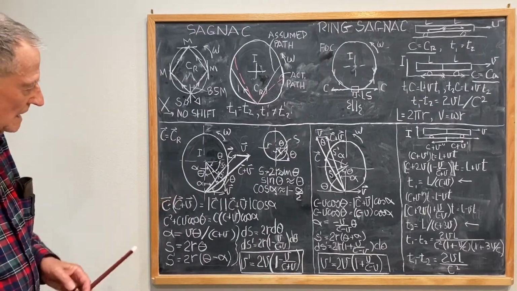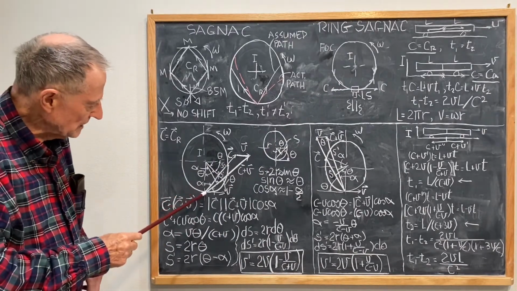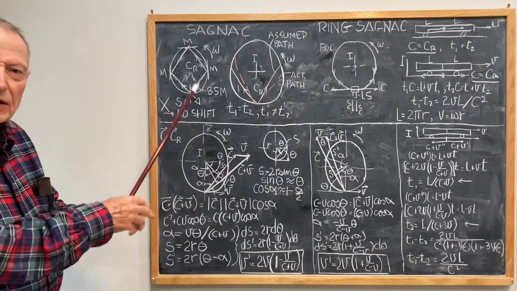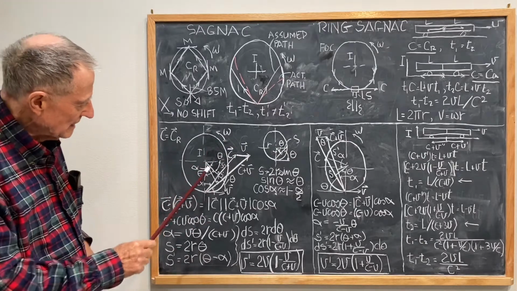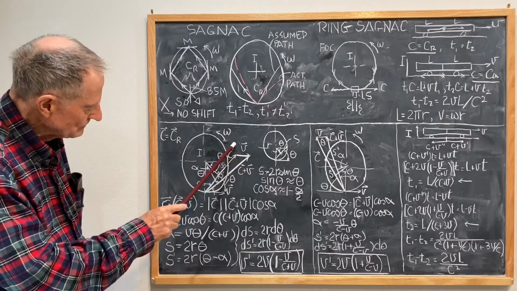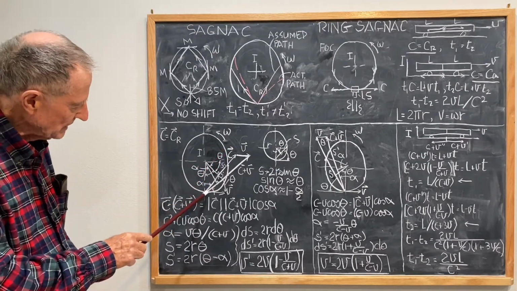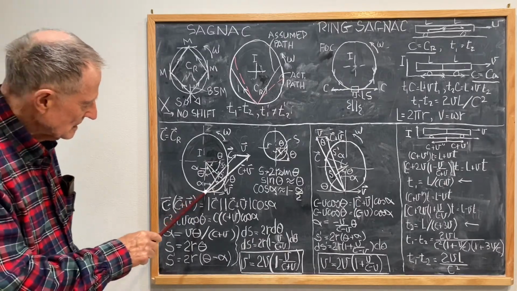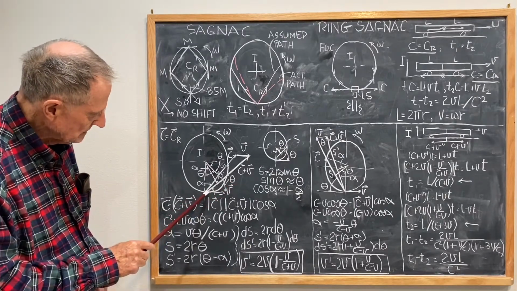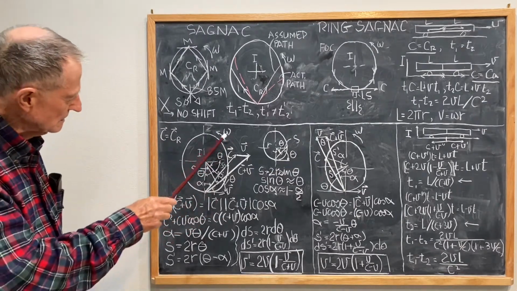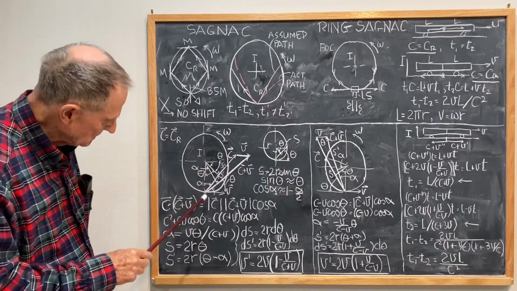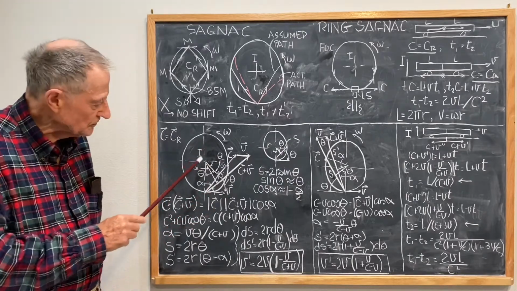Now here I have exaggerated the situation, basically blown up what is really a differential situation, where c is the speed with respect to the source, and v is the velocity of the source with respect to the inertial frame.